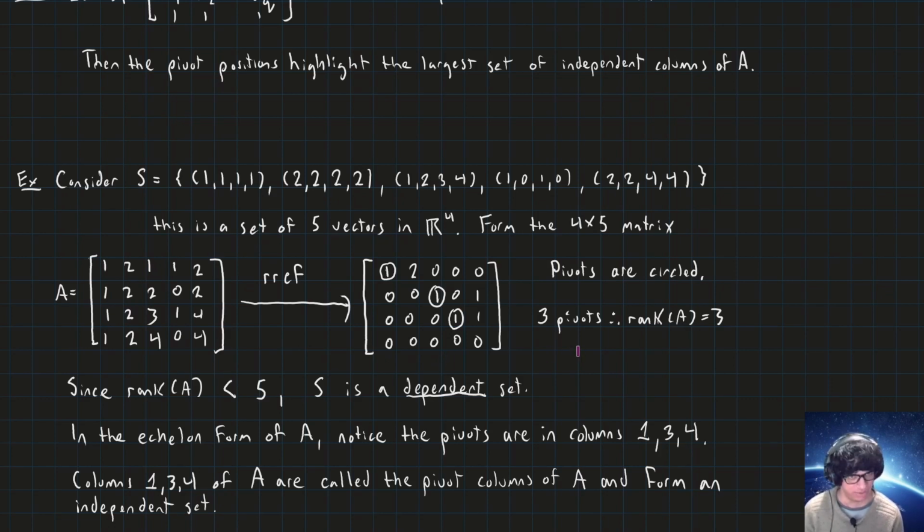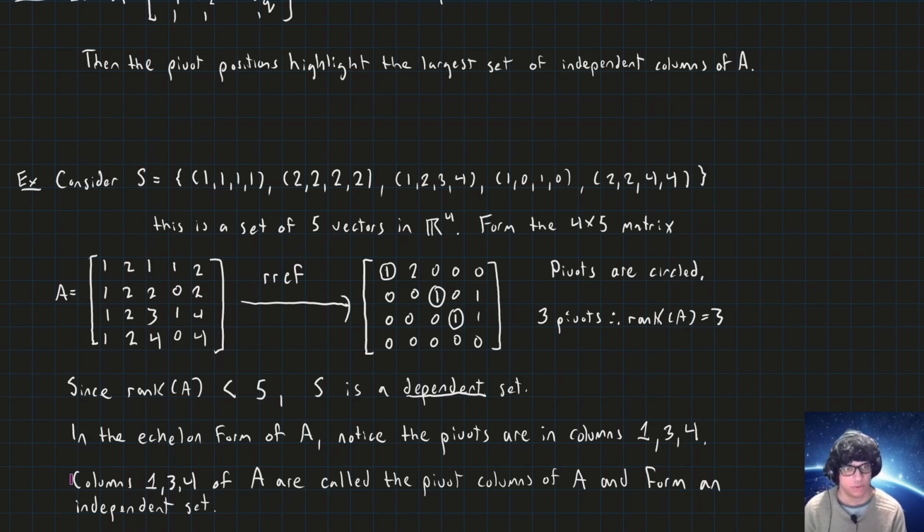In the echelon form of A, notice the pivots are in column 1, column 3, column 4. That indicates that if I go back to my original matrix A, columns 1, 3, and 4 form an independent set that's as large as possible.